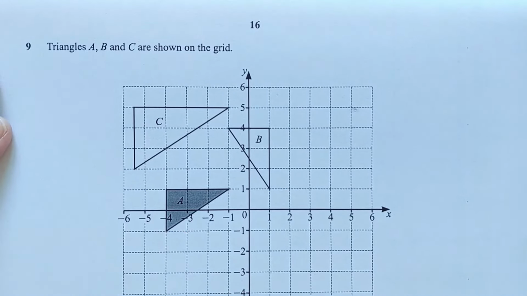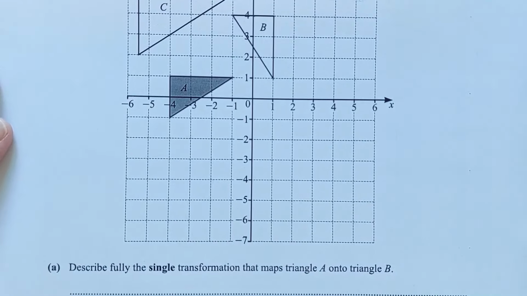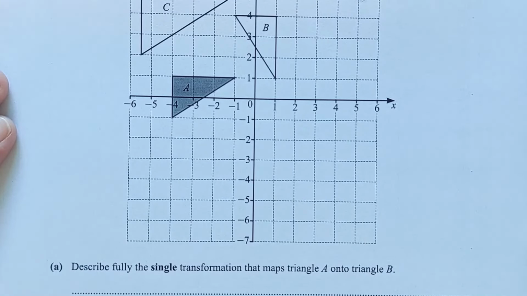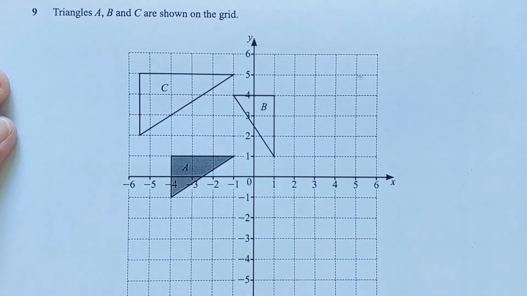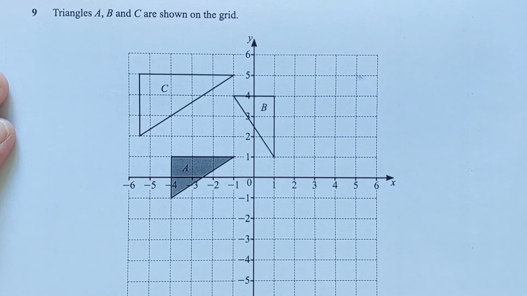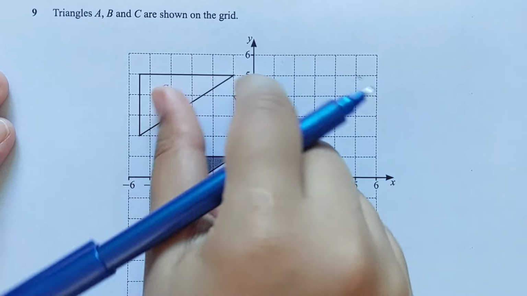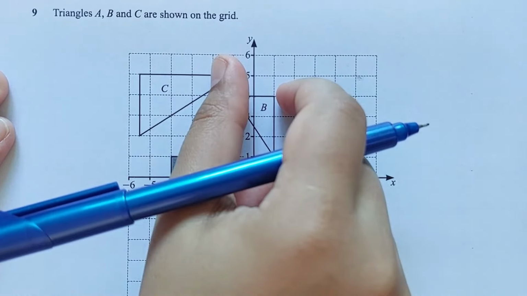Question number 9. Triangles A, B and C are shown on the grid. Part A. Describe fully the single transformation that maps triangle A onto triangle B. This is not a translation. I guess this is a rotation. Yes, it's a rotation.